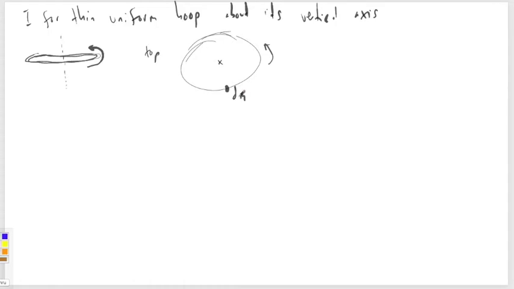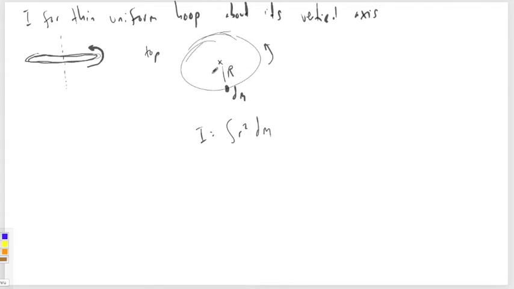So there's my differential mass element dm. And I'm going to write my expression. But this one is really quite simple because all of my dm's are going to be an r distance away from the axis of rotation.